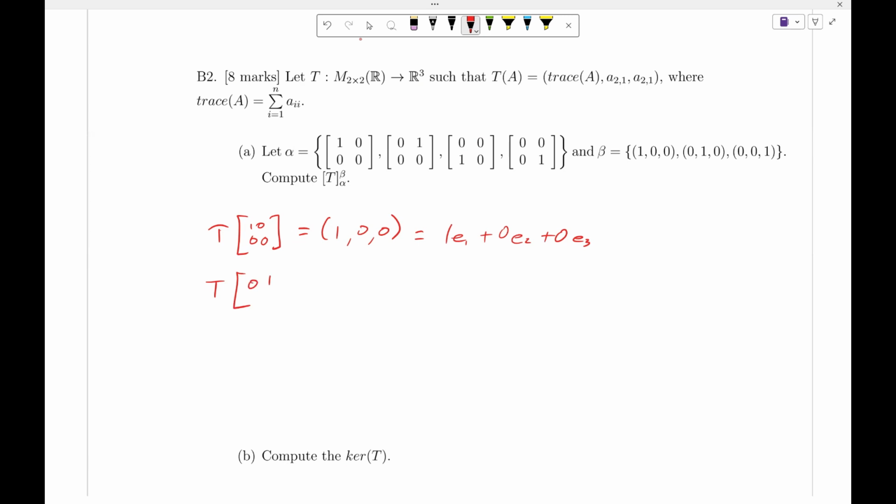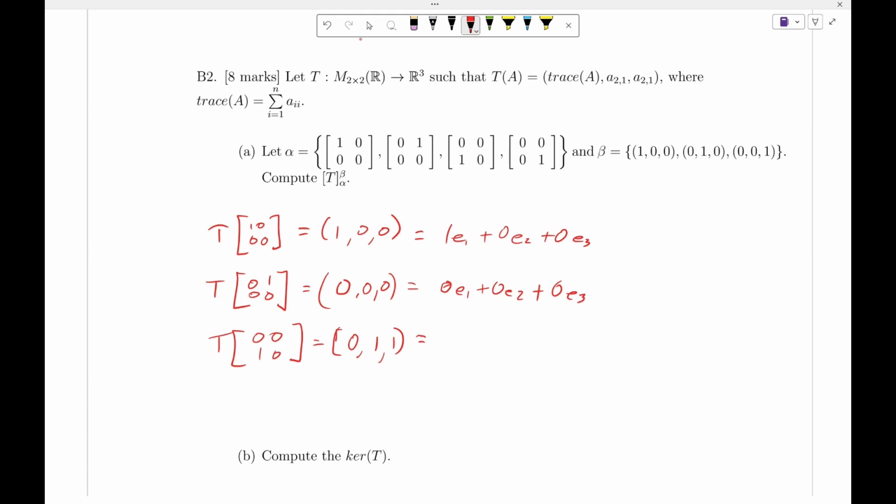T of 0, 1, 0, 0 gives me 0, 0, 0, which is 0 E1 plus 0 E2 plus 0 E3. T of 0, 0, 1, 0 gives me 0, 1, 1, which equals 0 E1 plus 1 E2 plus 1 E3.